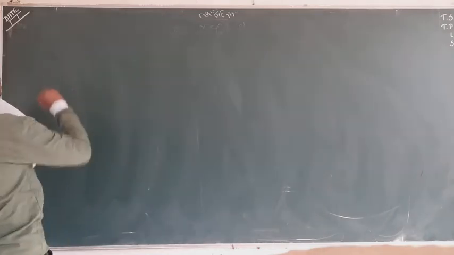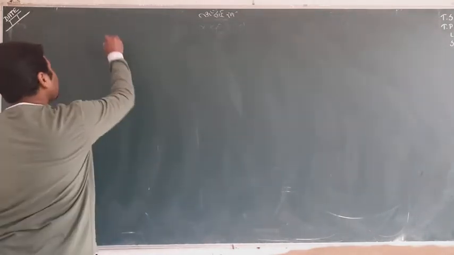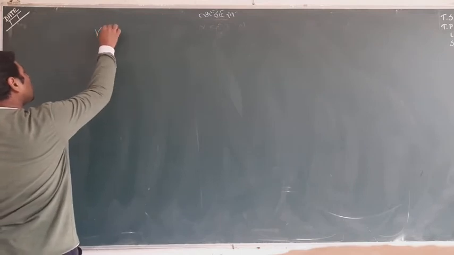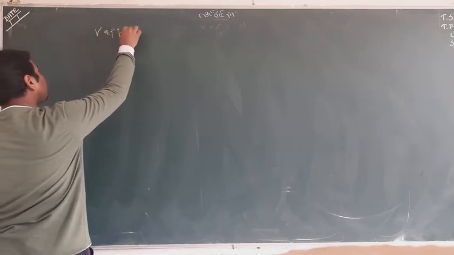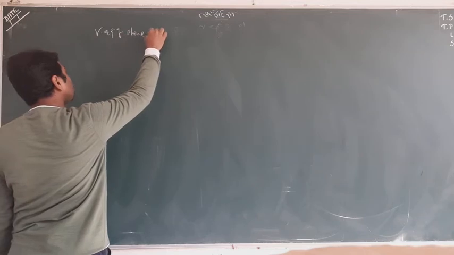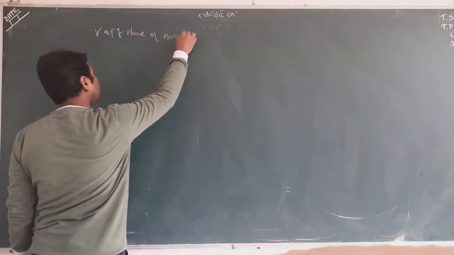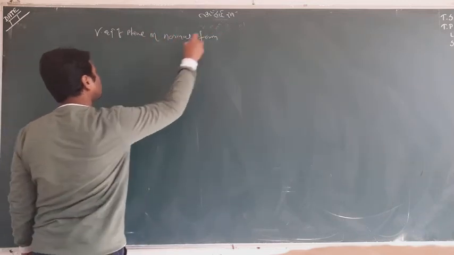We have example number 14. Let me talk more about that first. I have the vector equation of the plane in normal form. What is the formula?